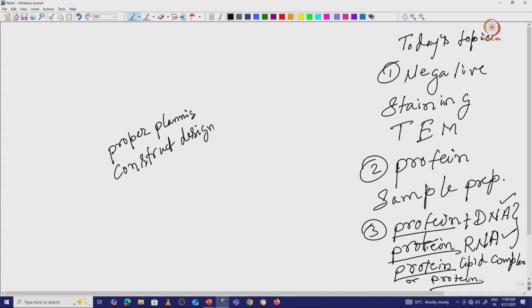When we have the construct design, most of you coming from a biology background will be familiar that there will be a segment of DNA that we select, we put it in the vector, and that is called the plasmid, and we transfer that into the cell and go for overexpression.